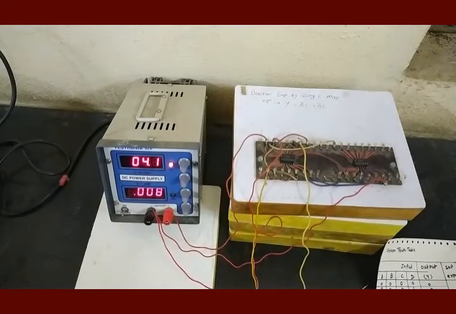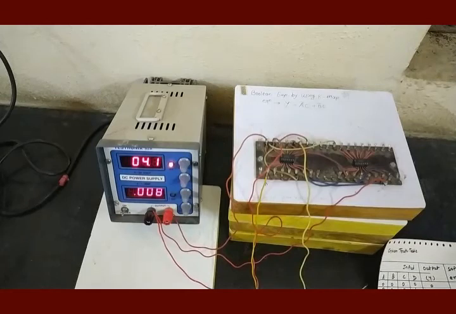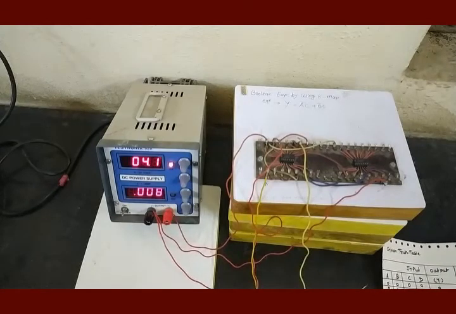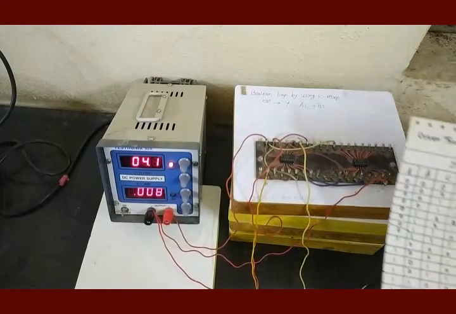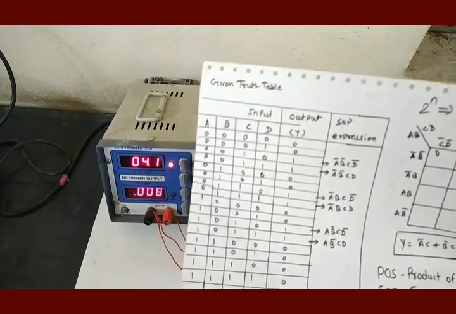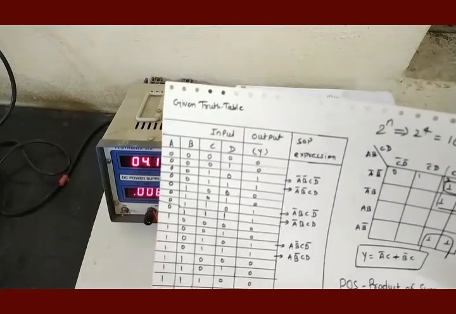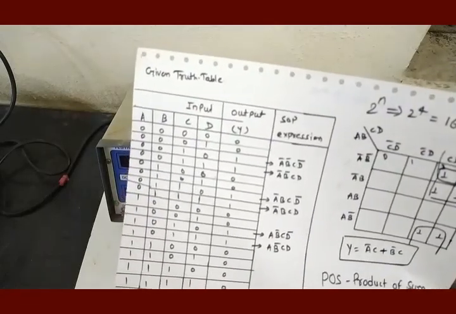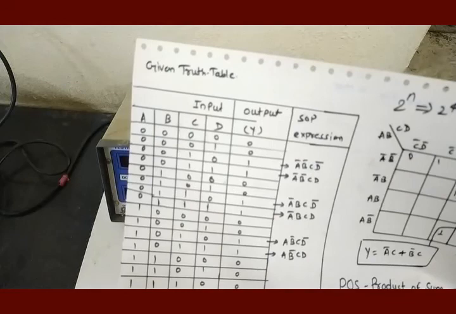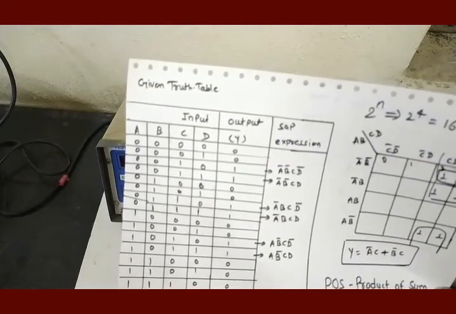When we go for offline, you can actually verify all these conditions for the corresponding inputs. Till then, I will provide you a PDF of this: the truth table, the Karnaugh map, the whole theory, everything will be provided to you along with this demonstration video.